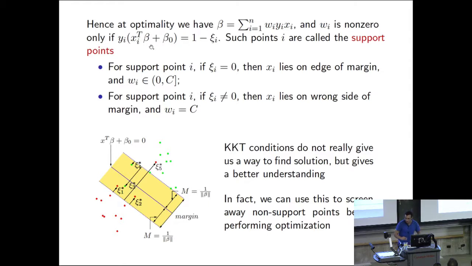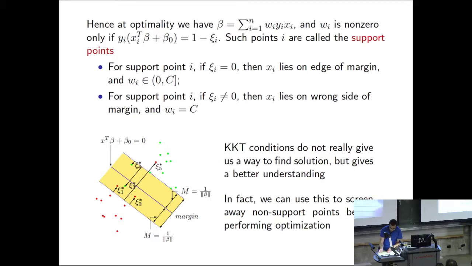Remember that this SVM classifier is determined by a hyperplane of the form x transpose beta plus beta naught equal to 0. And if we look at parallel hyperplanes defined by x transpose beta plus beta 0 equal to minus 1, and x transpose beta plus beta 0 equal to 1, then everything in between these two parallel hyperplanes is called the margin.